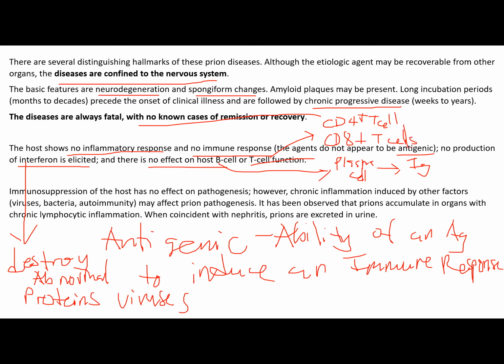Now, both T cells class would be involved in the destruction of viruses. But in this case, since they do not cause any immune response, they would not be able to activate your B cell and T cell.